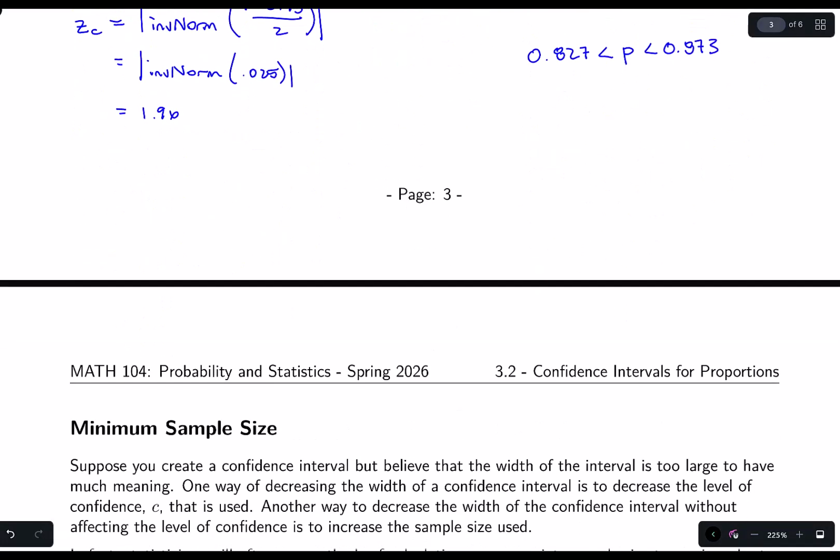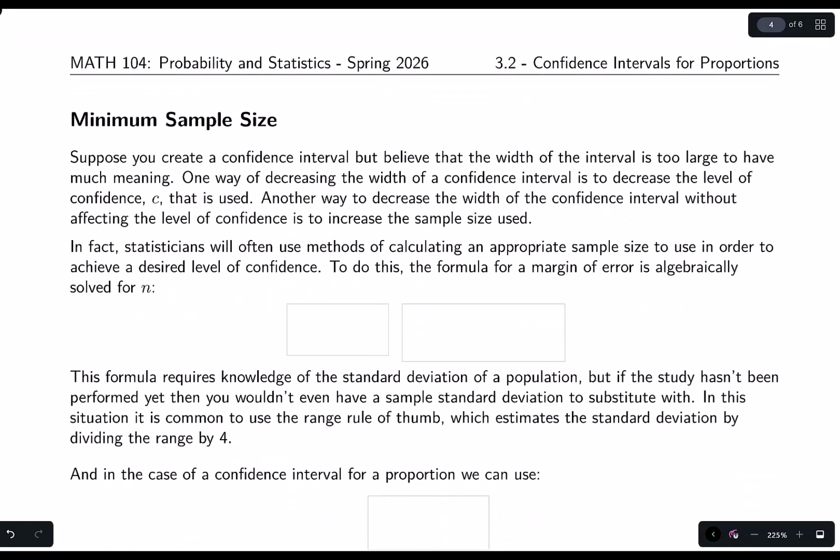Okay, the next thing that we need to discuss here is what's known as the minimum sample size. All right, so suppose you create a confidence interval, but you look at it and you think to yourself that it's too wide. You know, we did all the work required, but the result is just too wide. So what we would like to do is make that confidence interval be a smaller width.